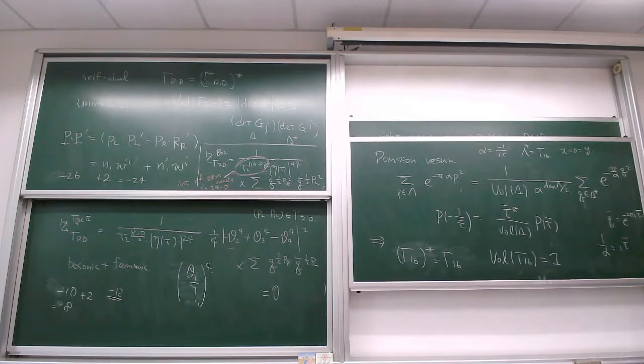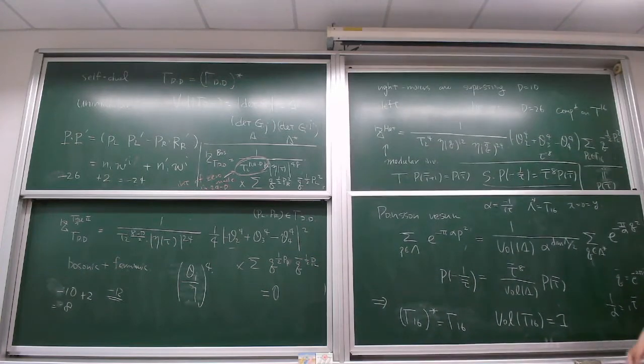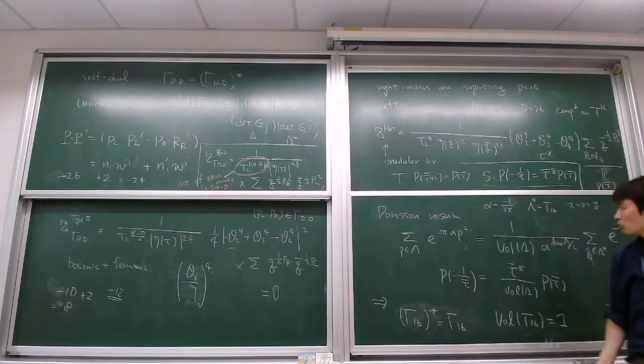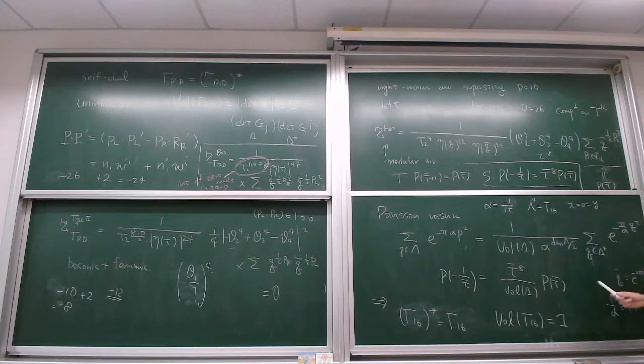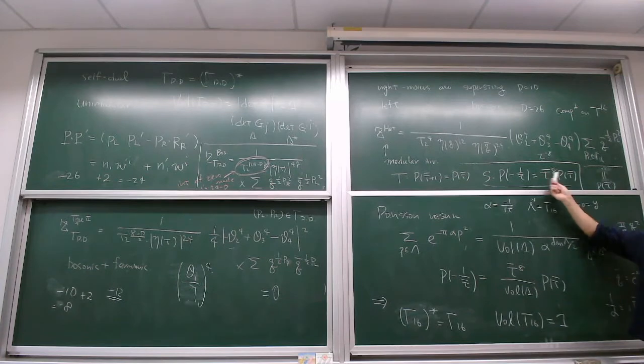To get P of minus 1 over tau bar, lambda also should take the value of lambda 16 to get the equality. And we assume lambda is gamma 16, so it has to be self-dual. And to get the right modular property, the volume has to be 1.